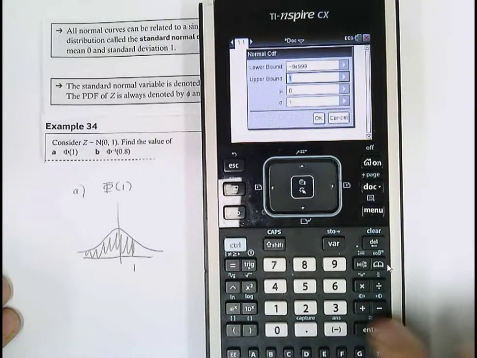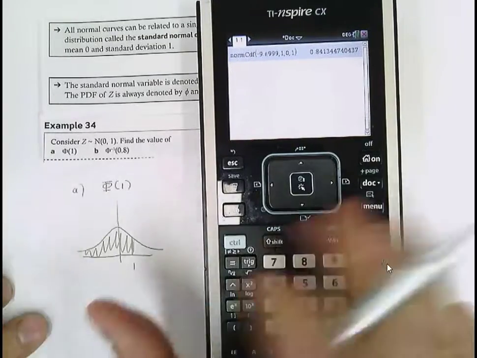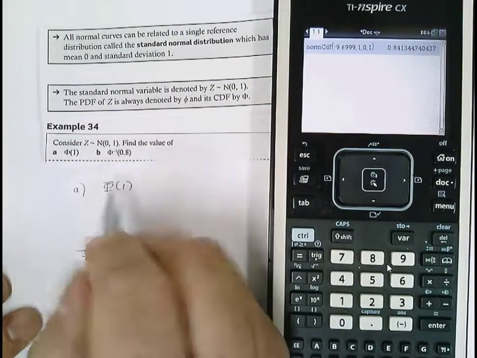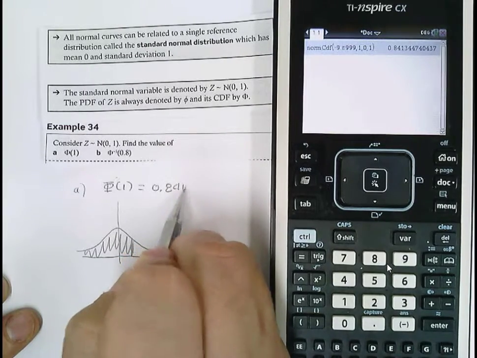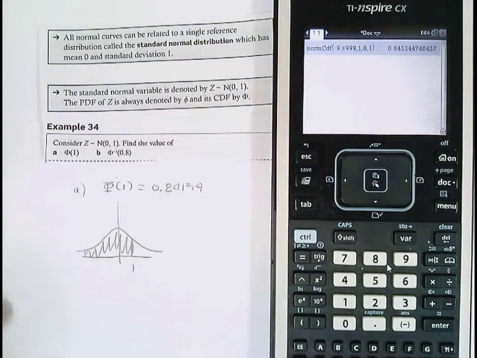That comes out to be 0.84134, and so on, and that's what that's equal to.